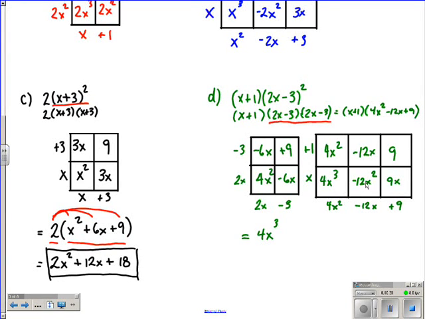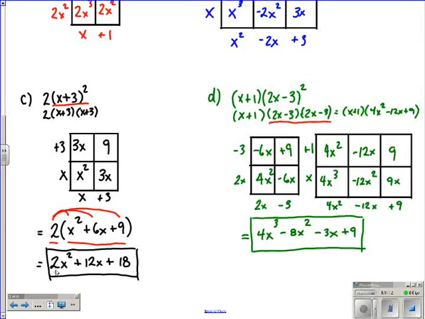Well, there's 8 more negatives than there are positives, so we're going to have minus 8x squared. 9x and negative 12x will give us minus 3x plus 9. And there you have it. This is the answer for D. 4x to the third minus 8x squared minus 3x plus 9.